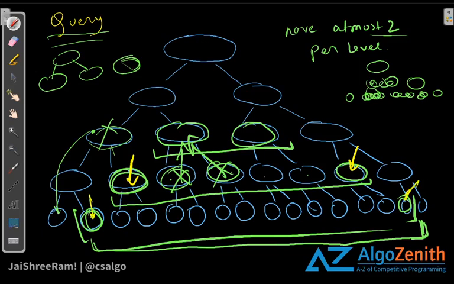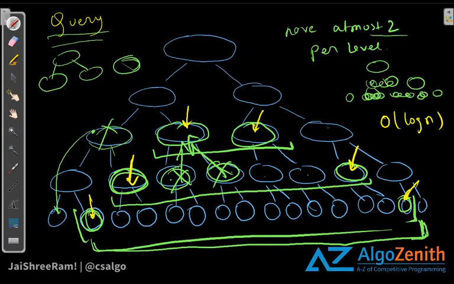So there are only 2 in this lower level, 2 over here, 2 over here, right? At most 2 per level. And how many levels do we have? Order log n, right? So if there are order log n levels, and in each level you have at most 2 nodes, then there are only 2 times log n nodes, the best case you can take, that will give you the sum of any particular range.